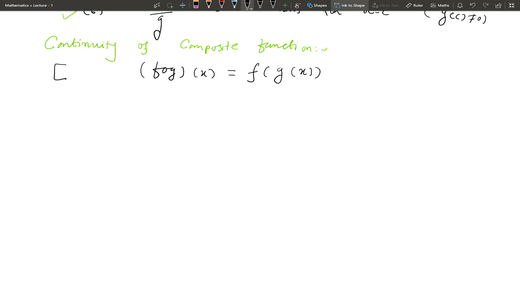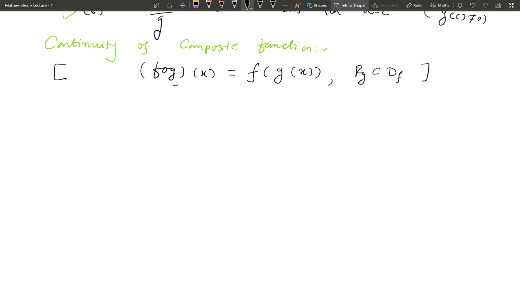For the existence of this composite function, we know range of inside function, range of g, must be a subset of domain of outside function. This is the composite function of g and f. We call it f of g of x equal to f of g of x.